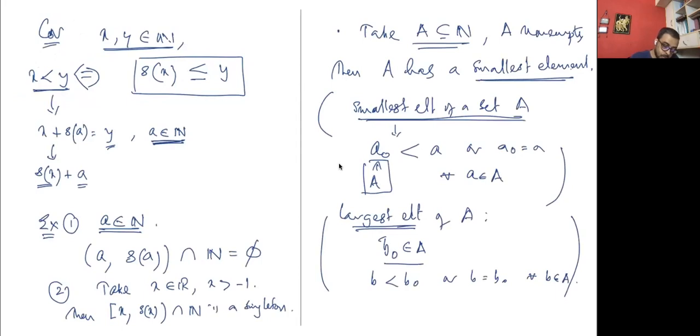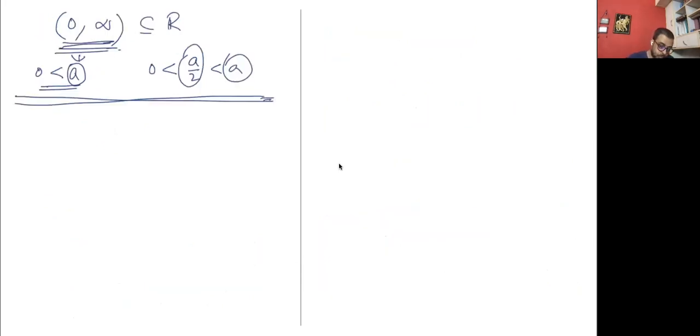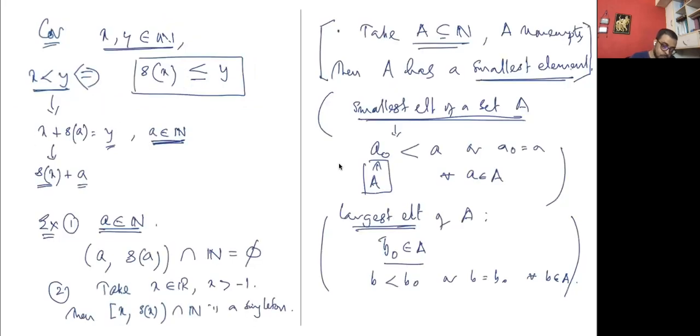Okay, right, but we have to prove this statement. So this is the statement that we want to prove. So the proof, sorry, I'm just going to the next page.